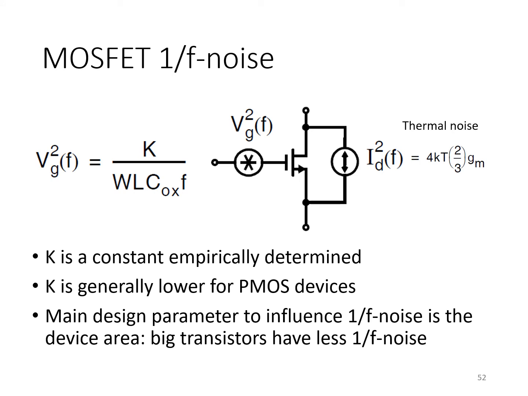An additional source of noise in MOSFETs is often referred to as 1 over F noise. It can also be called flicker noise or pink noise. It's different than thermal noise. Actually, its deep origins are not fully understood as far as I can tell, but generally it's thought to arise because as current flows along the semiconductor surface of the channel region, just under the gate oxide, there are going to be surface imperfections there that cause charges traveling down the channel to occasionally get trapped, and once trapped, they may get released.